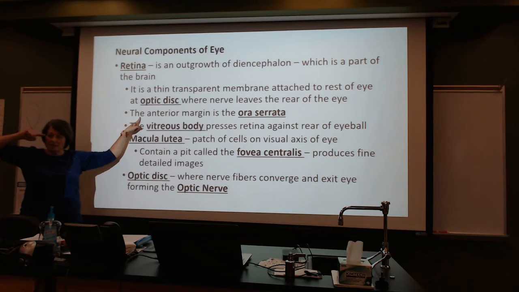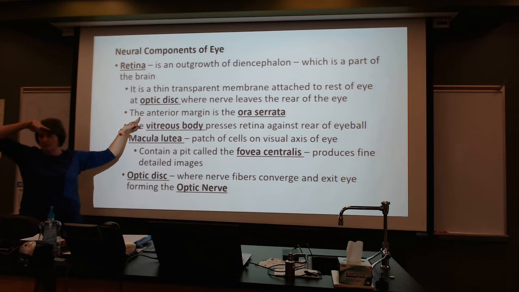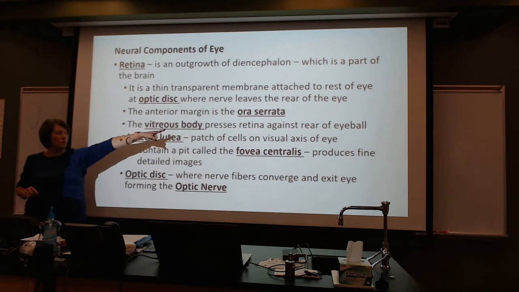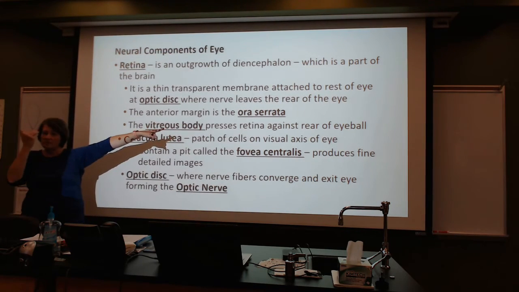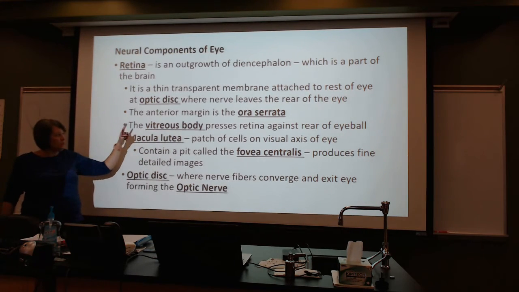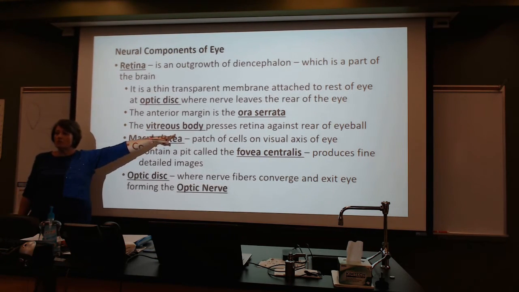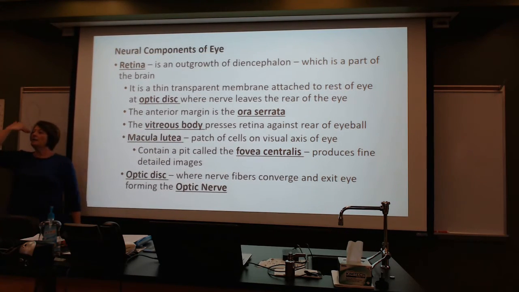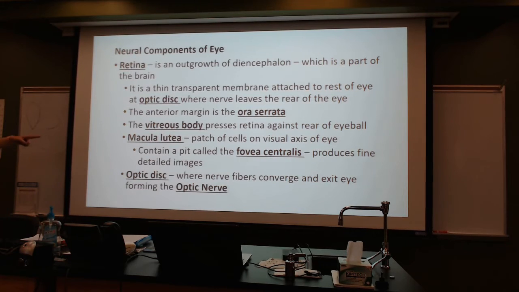The anterior margin, which looks like in the picture right behind the lens, is referred to as the ora serrata, serrated because of the way it looks behind the eye. Our vitreous humor, or vitreous body, presses against the retina at the rear of the eyeball, helping give it the round shape.